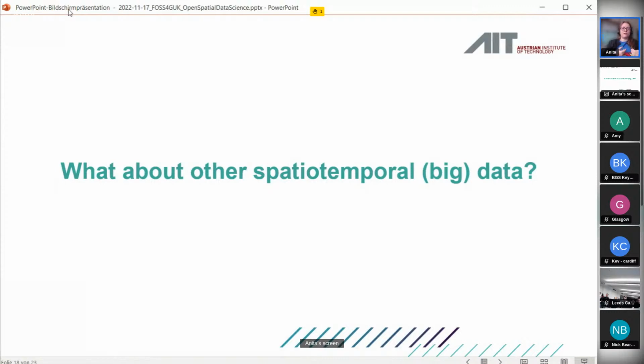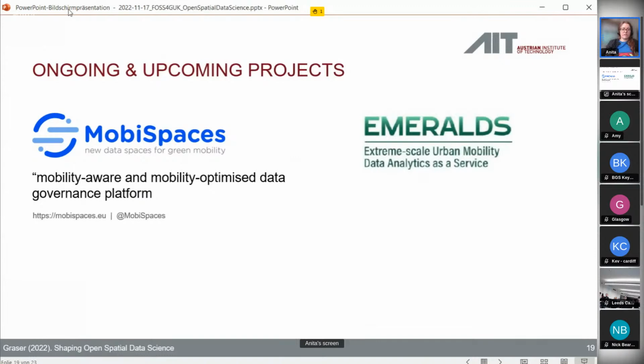But if you build a general purpose spatiotemporal data processing platform, you may not know all the different types of data that different stakeholders will want to share, provide, and analyze. So this makes general purpose spatiotemporal big data analytics platforms really complicated to design and to set up well. And it's certainly a process.